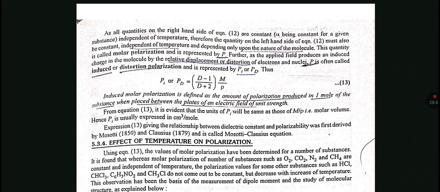Induced molar polarization is defined as the amount of polarization produced in 1 mole of the substance when placed between the plates of an electric field of unit strength. From equation 13, it is evident that the unit of P will be the same as those of M by rho, the molar volume. Hence P is usually expressed in cubic centimeters per mole. Expression 13, giving the relationship between the dielectric constant and the polarizability, was first derived by Mossotti and Clausius and is called the Clausius-Mossotti equation.